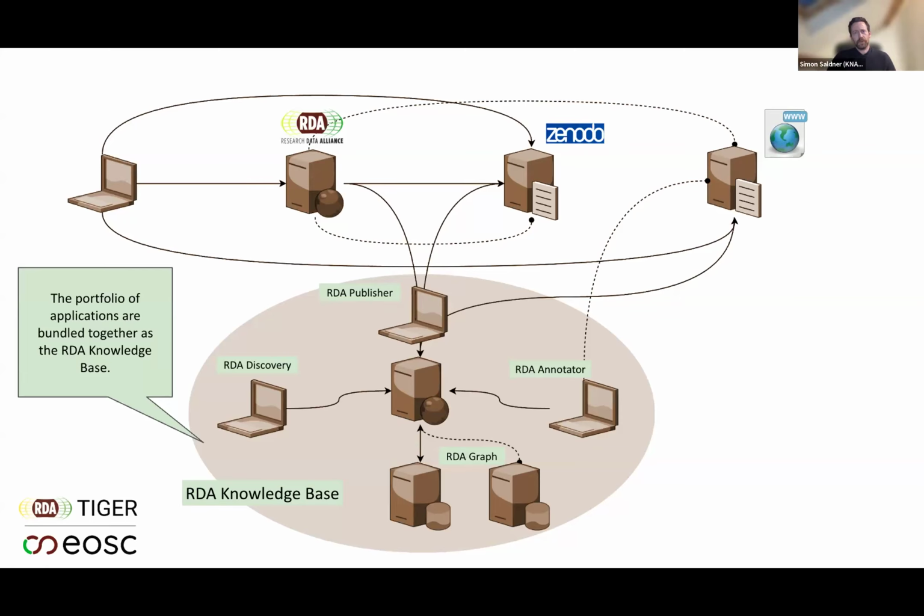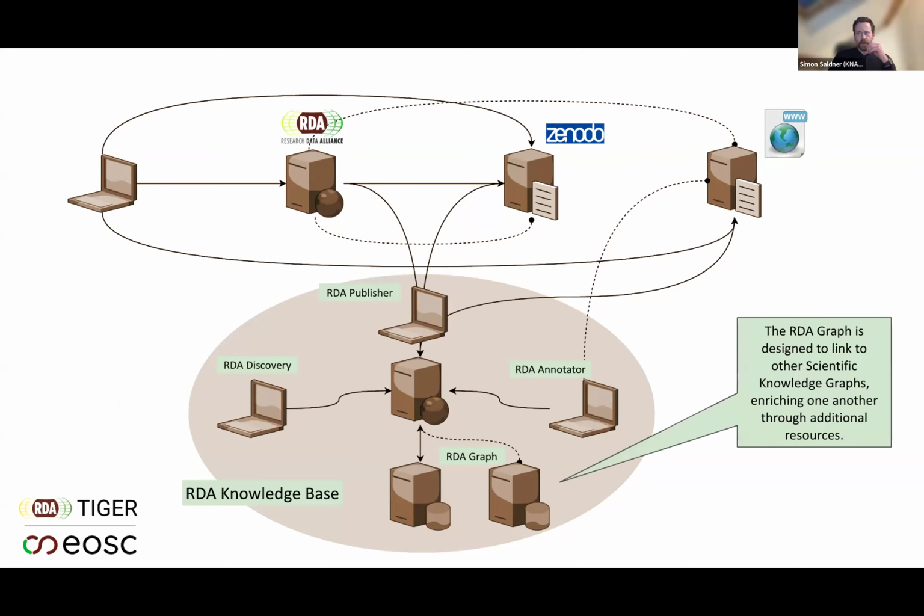So this is where the knowledge base comes in, by consolidating these different resources and also harmonizing and deduplicating the data associated, metadata rather. And that consolidated database we call the graph. That's on the bottom there.